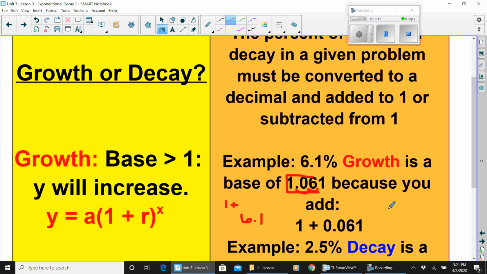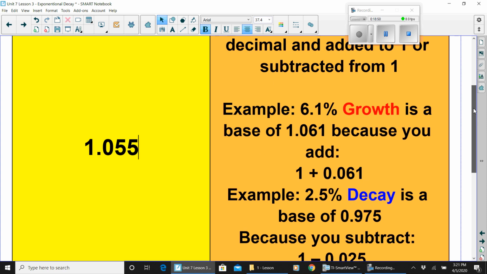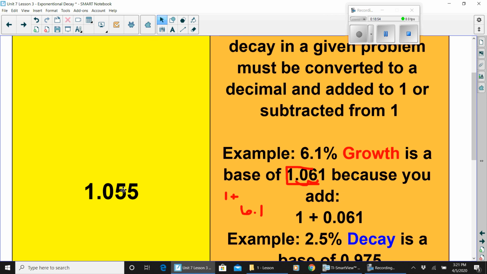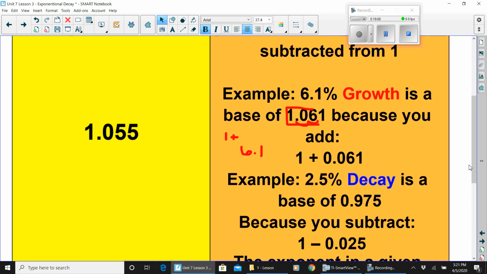So like if I gave you 1.055, that's your B. Does that number represent a growth, or does it represent a decay?